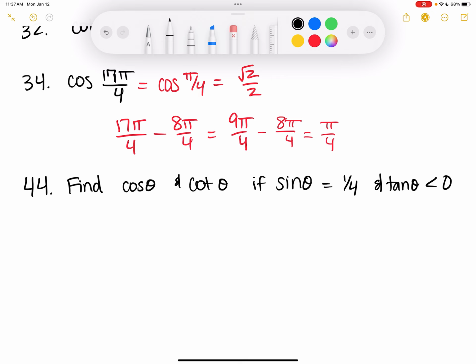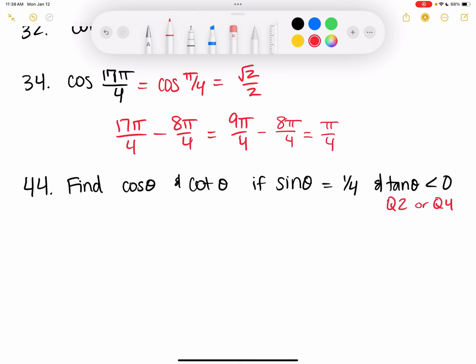You can't have negative angles in a triangle, right, but in the circle in relation to the quadrants, this is just telling me that the value of tangent is negative. So I either have to be in quadrant 2 or quadrant 4.